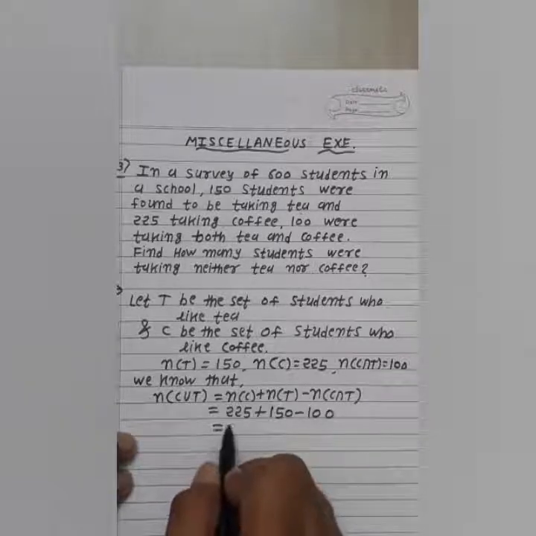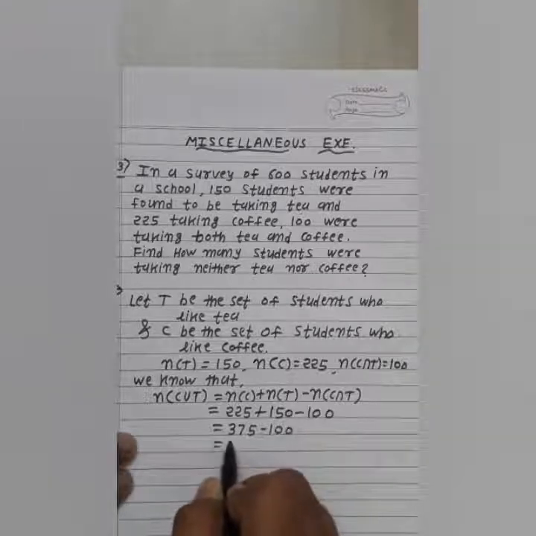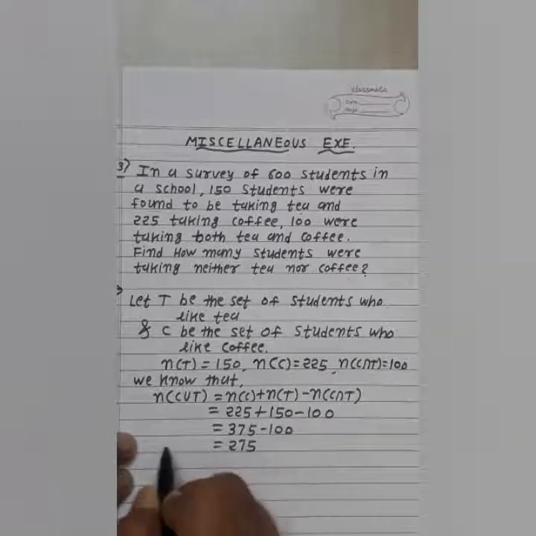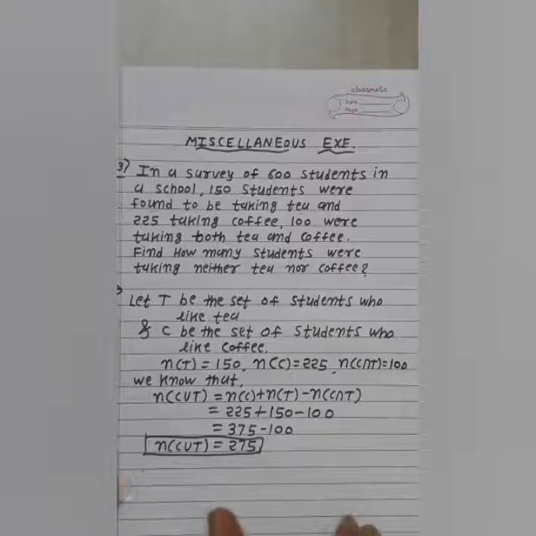Adding these numbers, 375 minus 100, is equal to 275. So n of C union T is equal to 275.